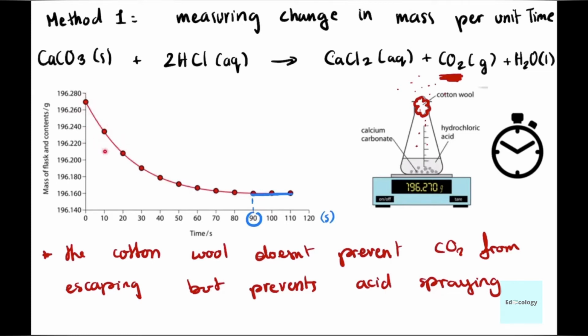Because the concentration of the reactants is at its peak at the beginning of the chemical reaction, which is why here at the beginning it is very steep, and then it gradually becomes less and less steep until it becomes perfectly horizontal, because the mass stops changing.